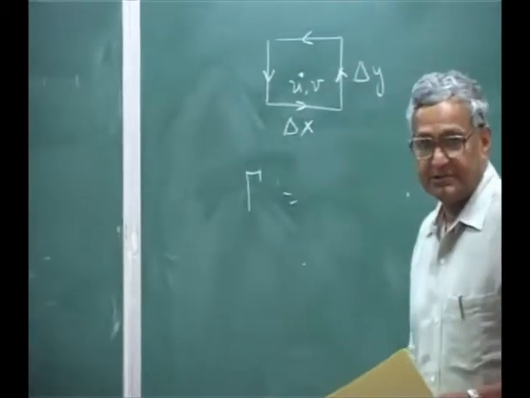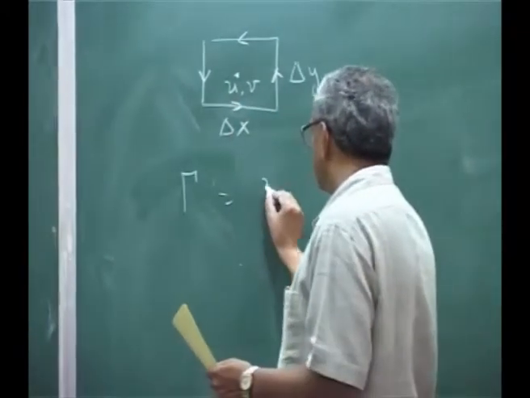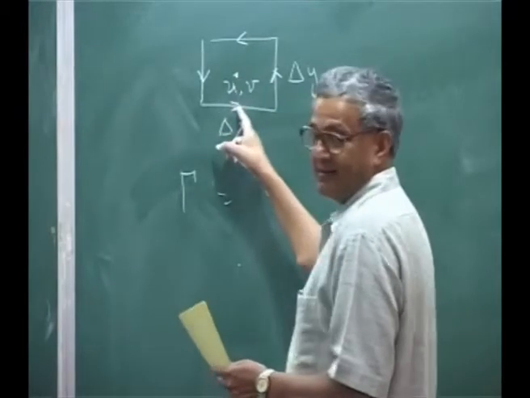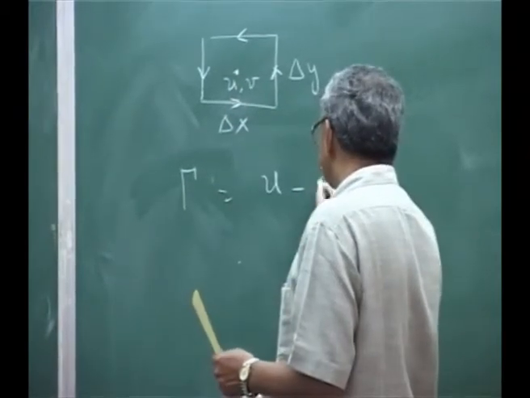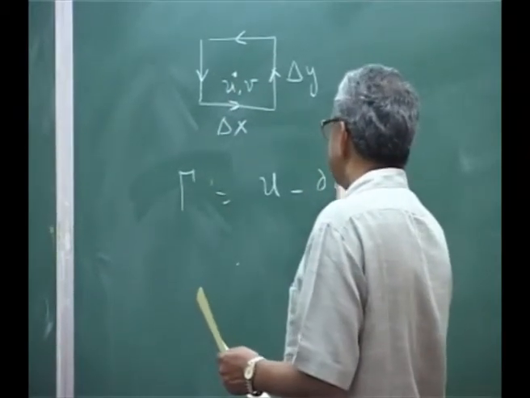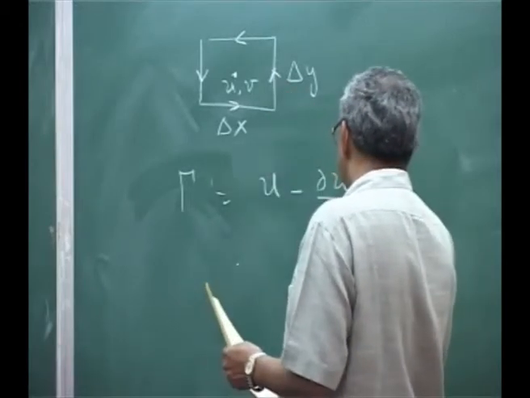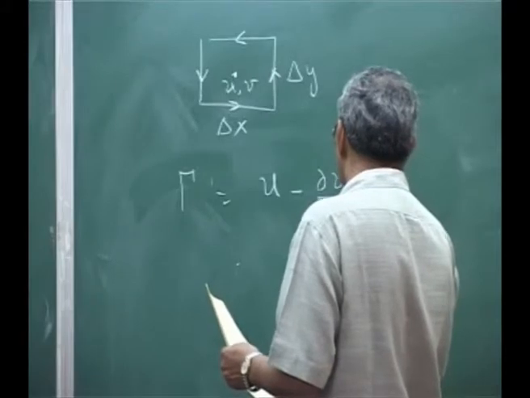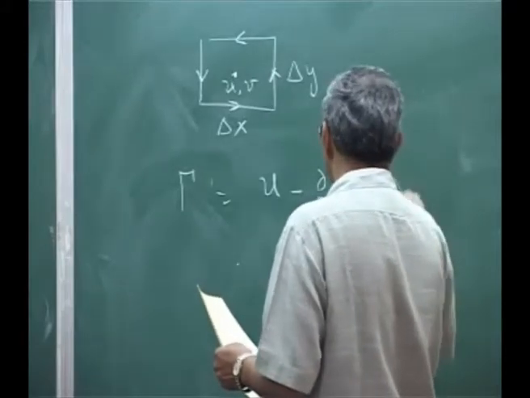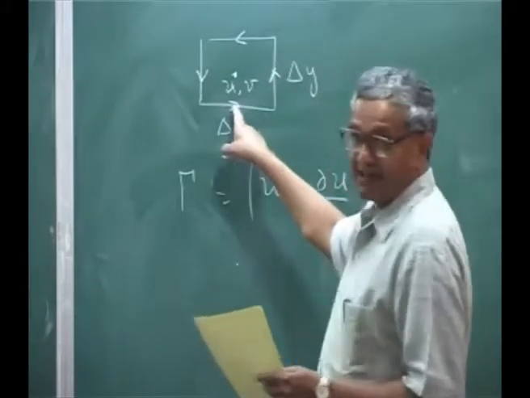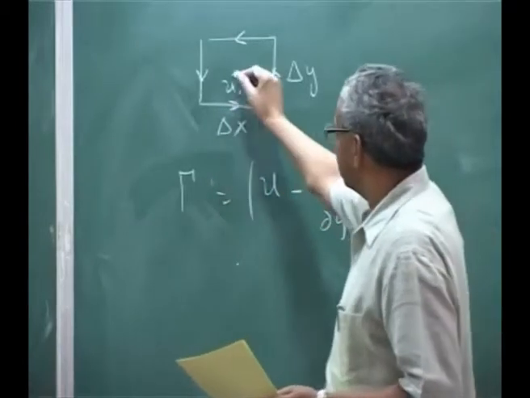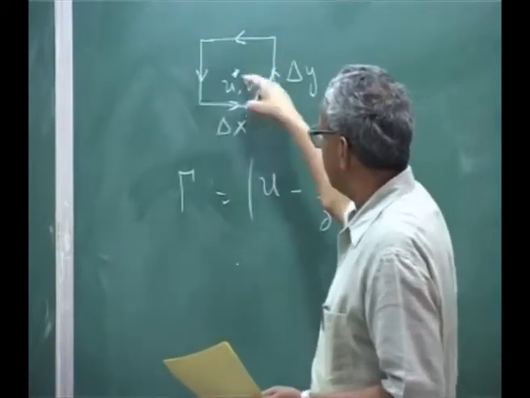At the top, you will have u minus y, delta u over delta y, because the velocity here, this is the velocity at this point.